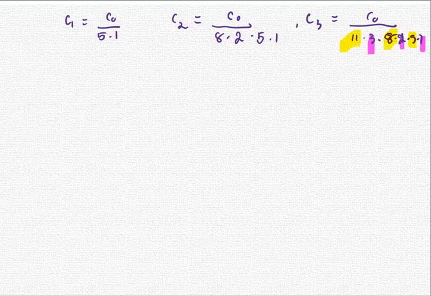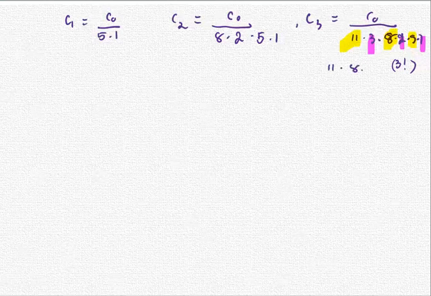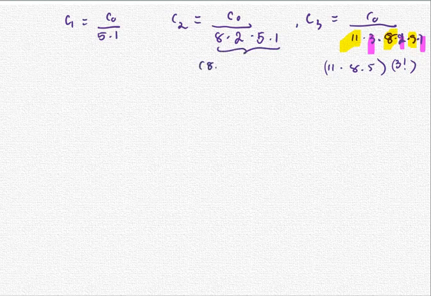So we can rewrite this 3, 2, 1 as 3 factorial, and the 11 times 8 times 5 as the 3n plus 5 multiples. Similar to the c3 here, as 8 times 5 times 2 factorial.